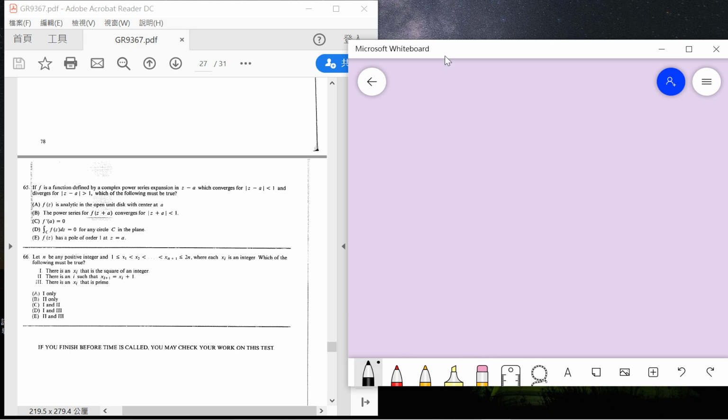So for an example, let me see, maybe I can choose f of z to be this, 1 over minus 1 minus z.